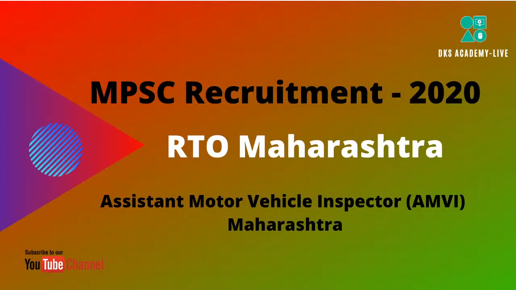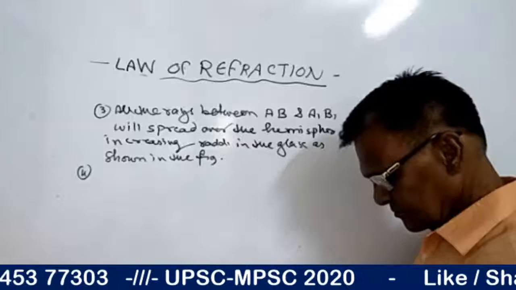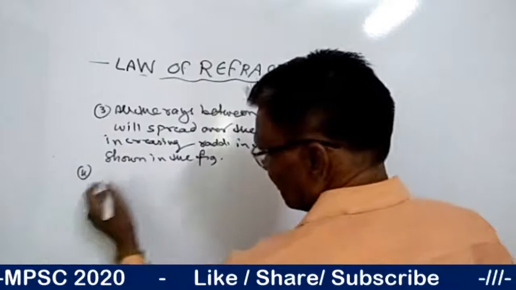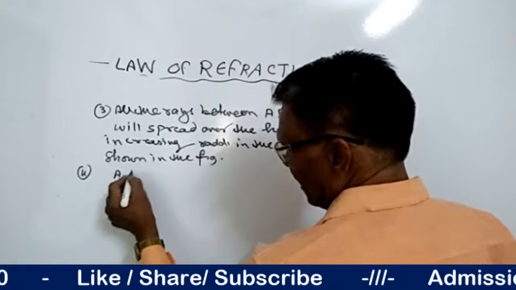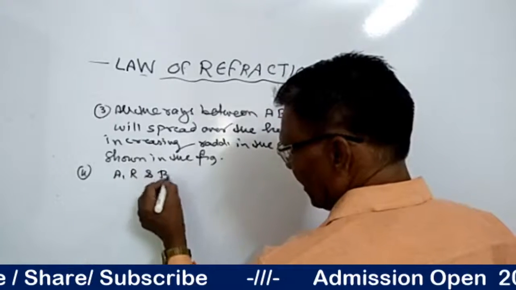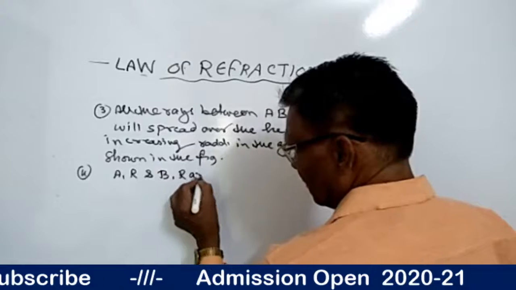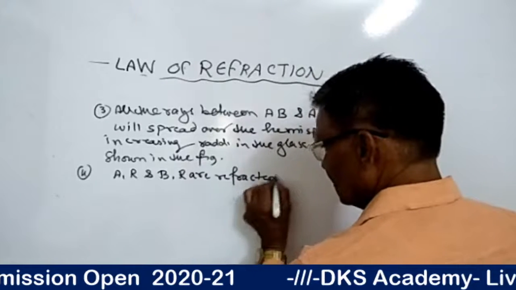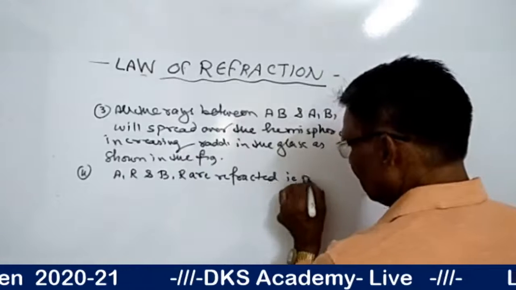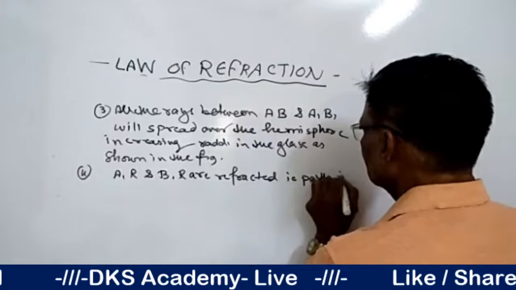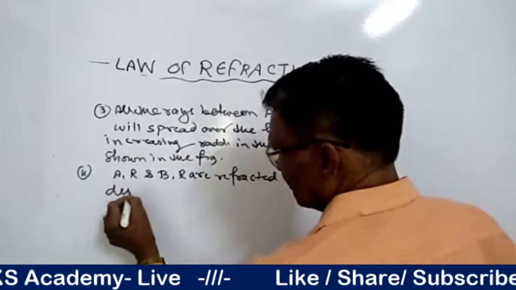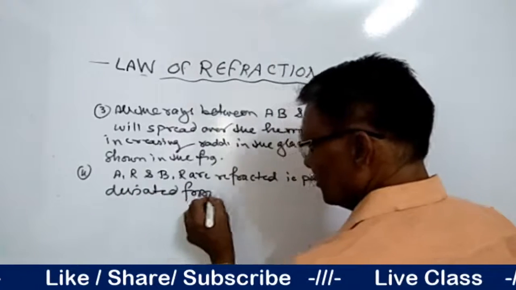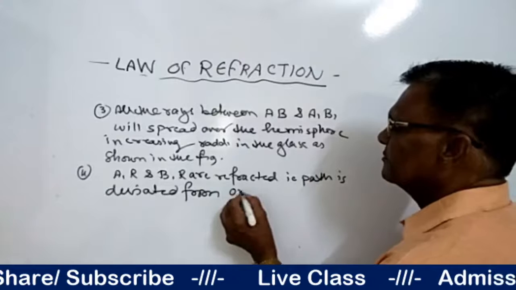Next point, A1R and B1R are refracted rays, that is path is deviated from original one.